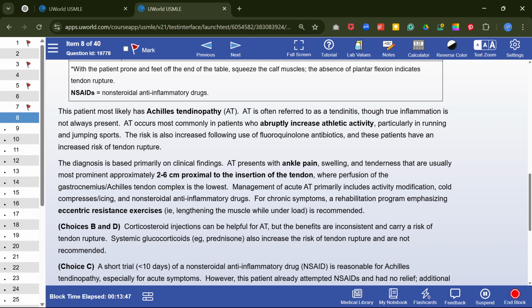The risk is also increased following use of fluoroquinolone antibiotics, and these patients have increased risk of tendon rupture.